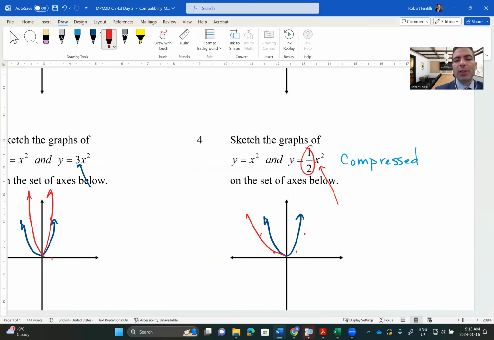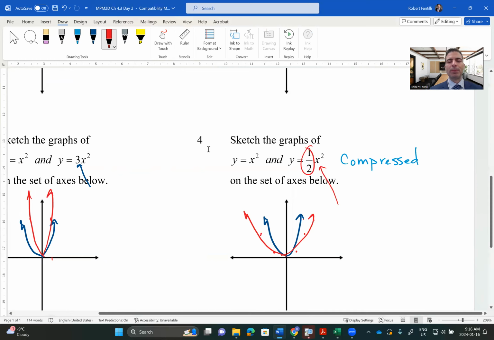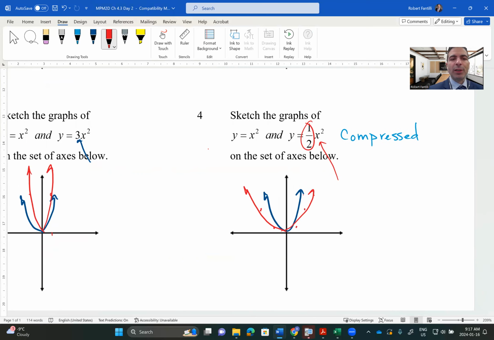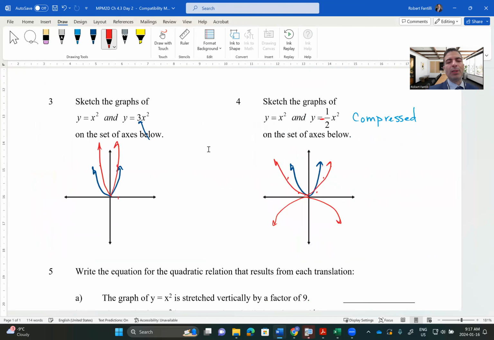And what you can see here is that it's being compressed. It's going out at half the rate of the parent parabola. So that's a compression. By the way, the A value has been changed, but in this example the A value was positive 3, so the parabola is still opening up. Here it's positive 1/2, so it's also opening up. If that were negative 1/2, that would be the same thing, just opening down. It would still be compressed, just opening down.